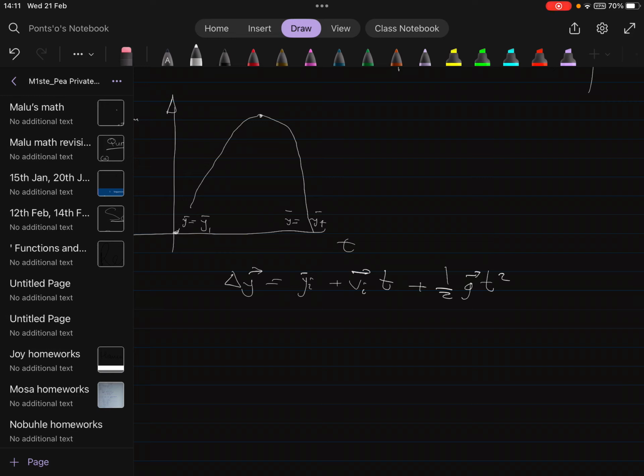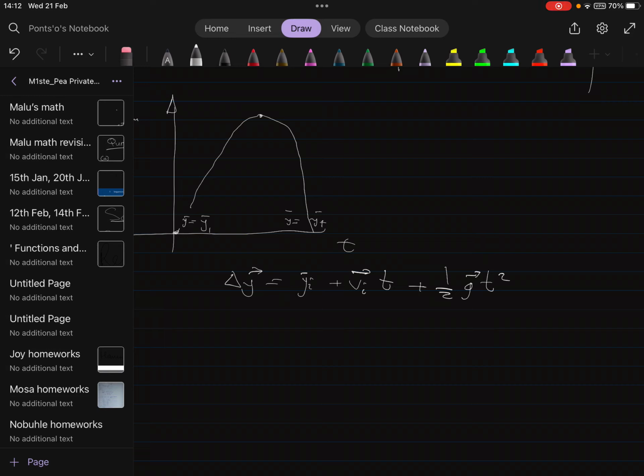It's important to notice that we are plotting position versus time, and the initial position xi is not necessarily 0. The position as a function of time will be given by the final displacement value, which equals the initial displacement value plus the initial velocity times time, plus half the acceleration due to gravity multiplied by the time squared.